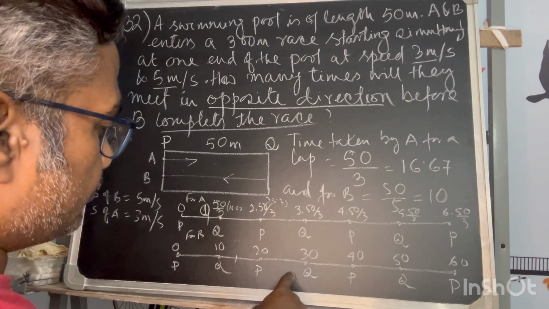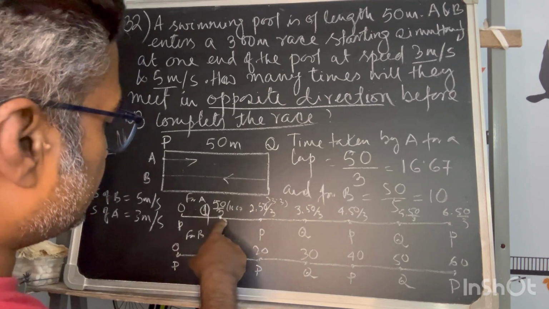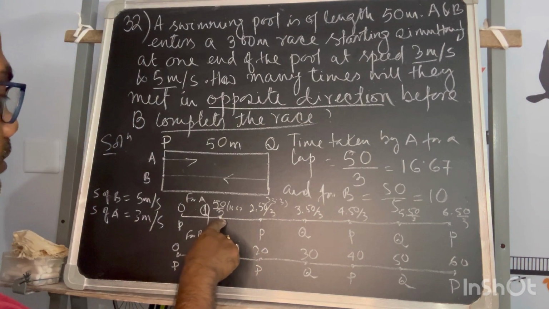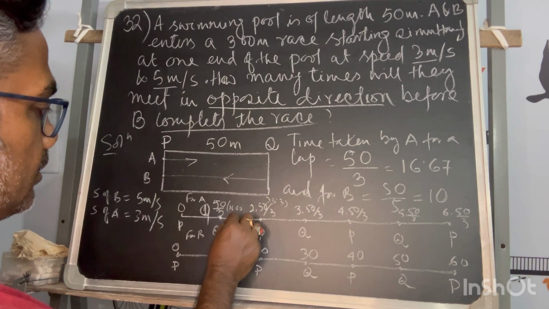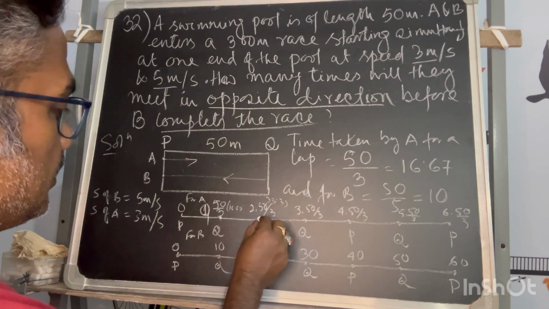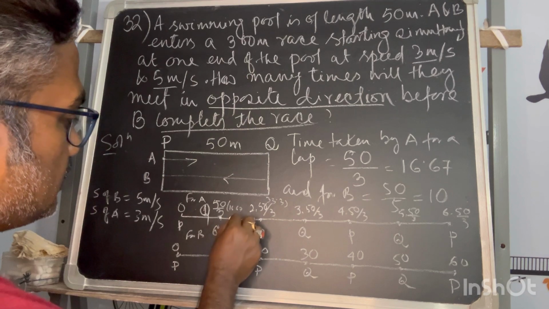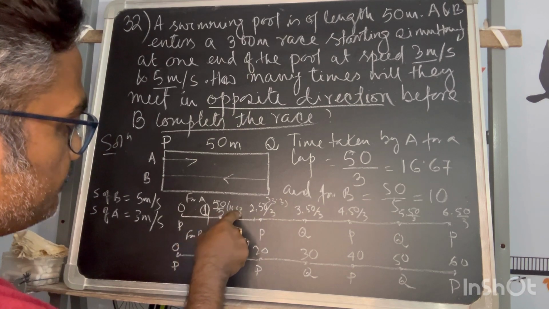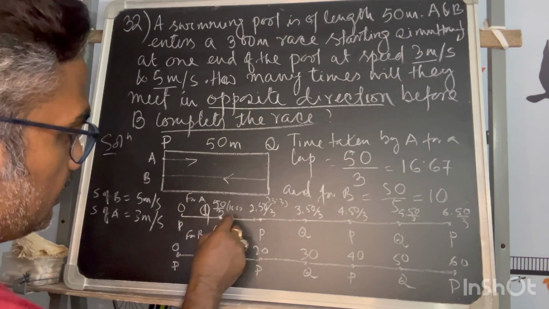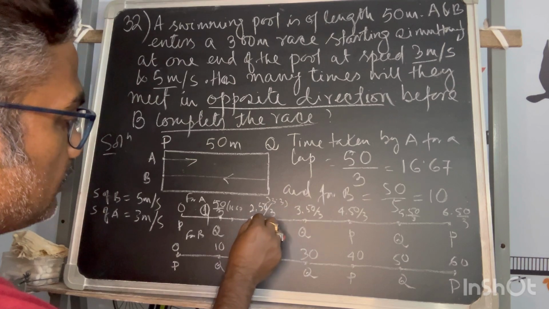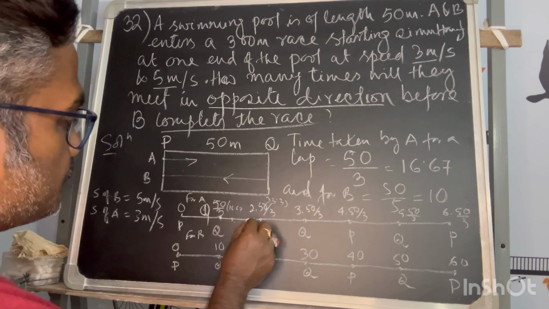Between 20 and 30, B is moving P and Q. Between 20 and 30, where is A? This is 20, maybe somewhere here, and 30 maybe below, in this zone. Crossing 16.67, moving to 20 here and below 30, his position will be in between.